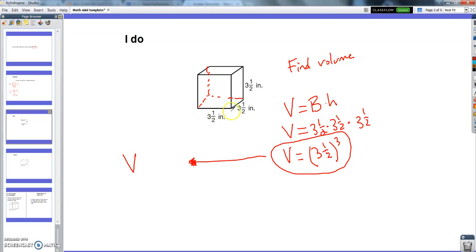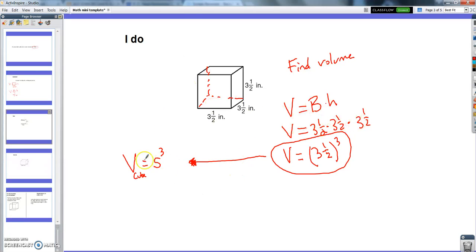Since the length, the width, and the height are all going to be the same length, no matter how you orient it, a lot of times you'll see the volume formula for a cube be side to the third power. That's all you have to do. You just take any measurement of the side and raise it to the third power. Because when you do, you're really doing length times width times height.